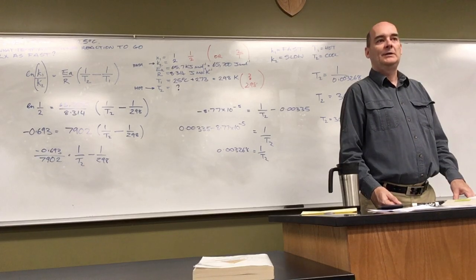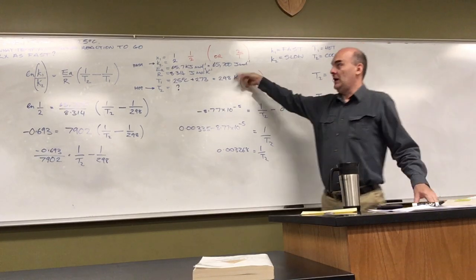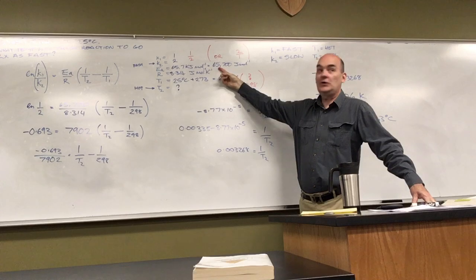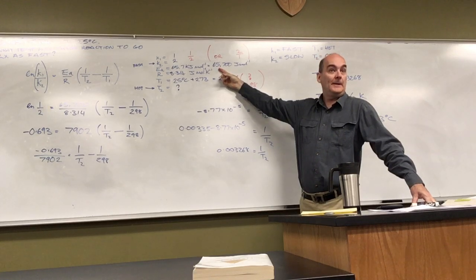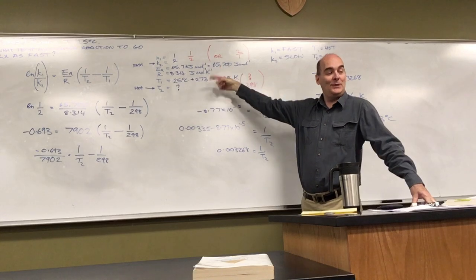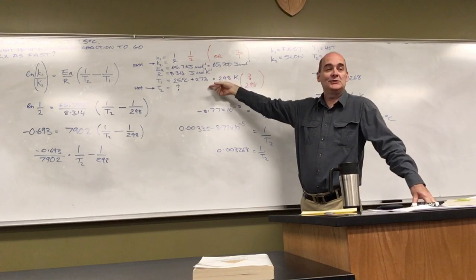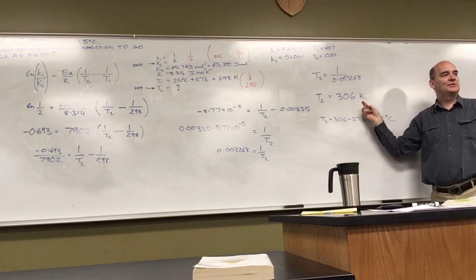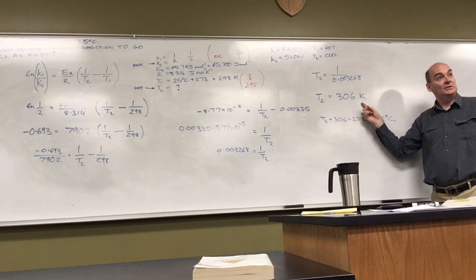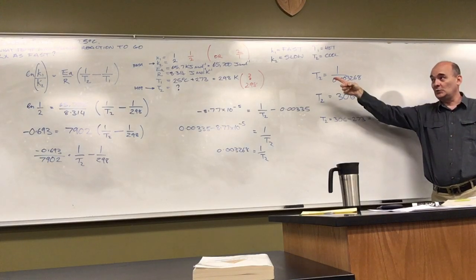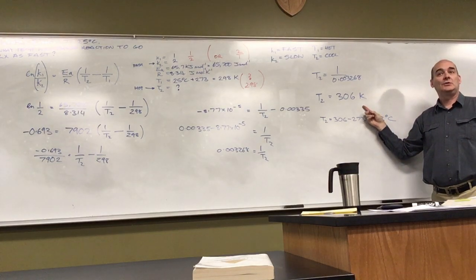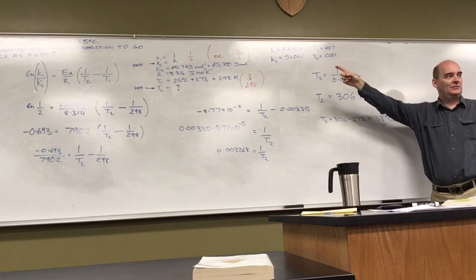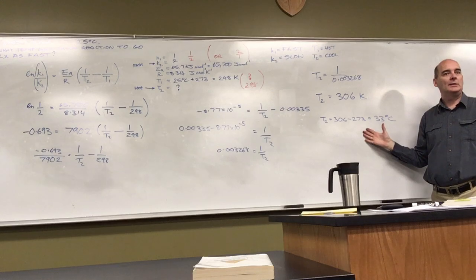That involves figuring out which numbers to put where, changing the units to match, not panicking when you do it upside down, because it ultimately will lead you to the correct answer, and then rationalizing your answer. Yeah, it came out at 306. That's fine, because your number should be in Kelvin, but the question was in Celsius, and your answer has to be higher in Celsius than your start point. So just say, yeah, I'm okay with that.